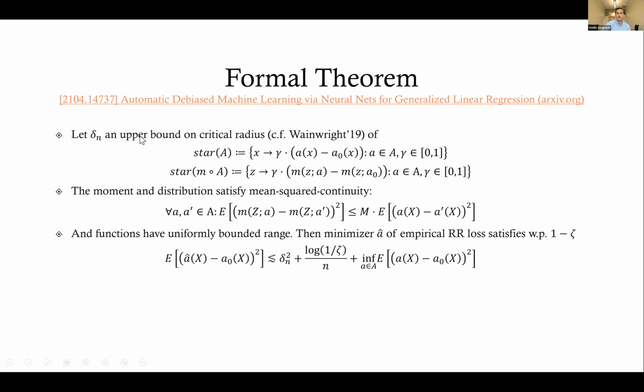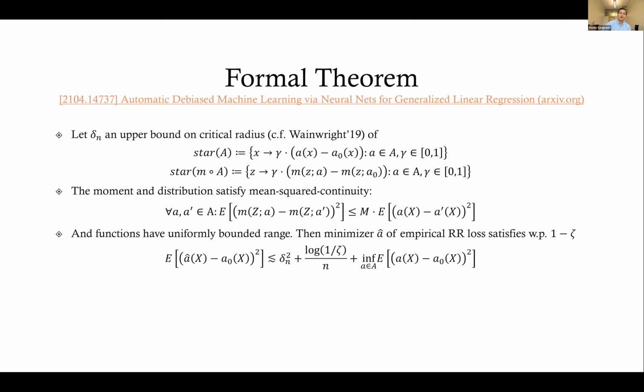Similarly for VC subgraph classes, delta n is root log n over n, so you're going to get a log n over n rate. So these are fast rates, close to 1 over n. That's one theorem we had in that paper for estimation rates for the Riesz representer.